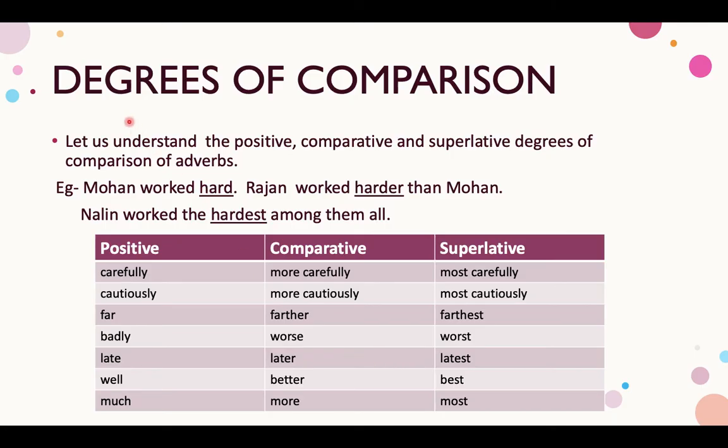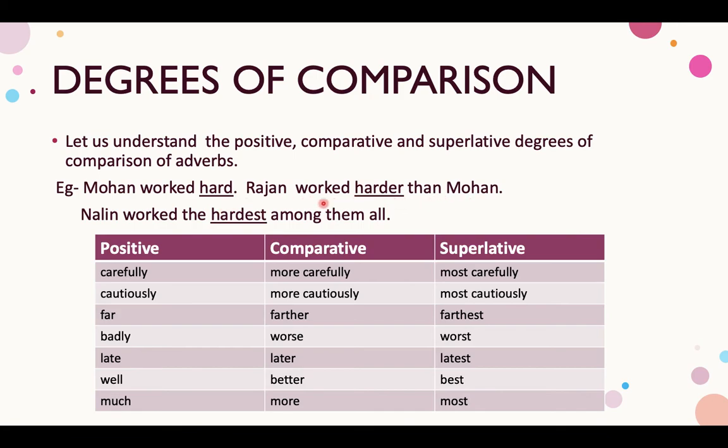Now let's see what are the degrees of comparison. Let us understand the positive, comparative and superlative degrees of comparison of adverbs. Mohan worked hard. This shows the positive degree. Now Rajan worked harder than Mohan. This shows the comparative degree. We are comparing Rajan and Mohan.